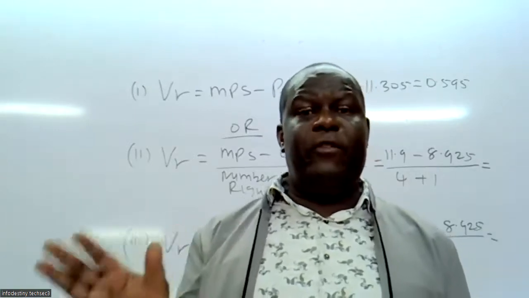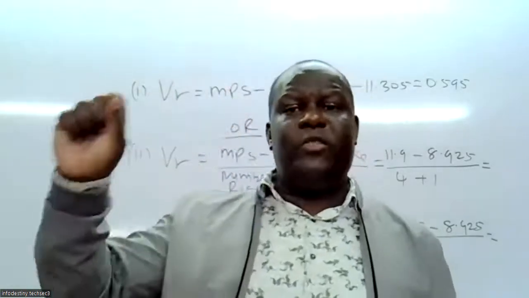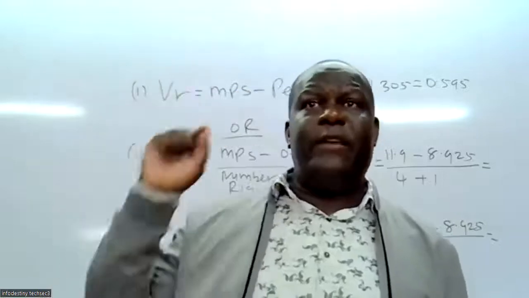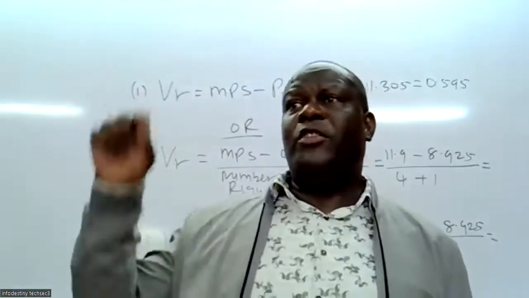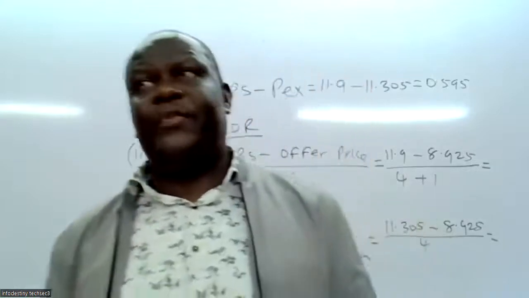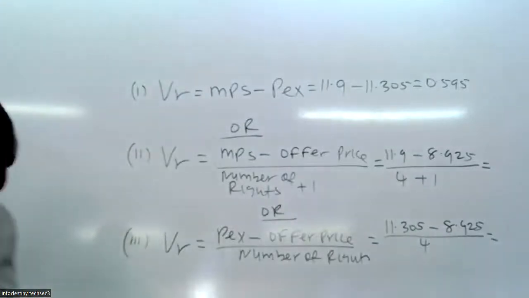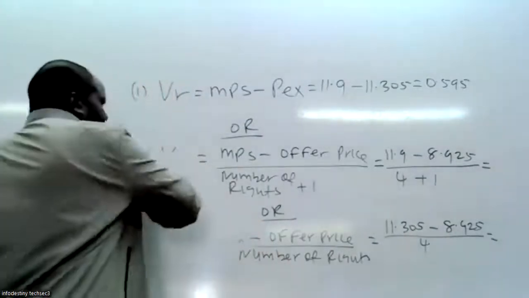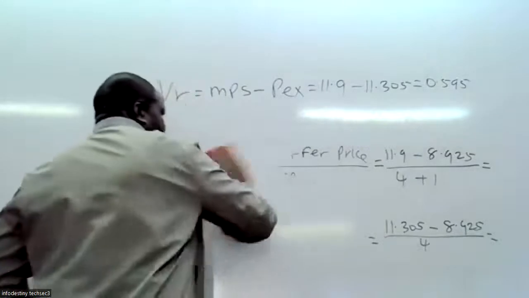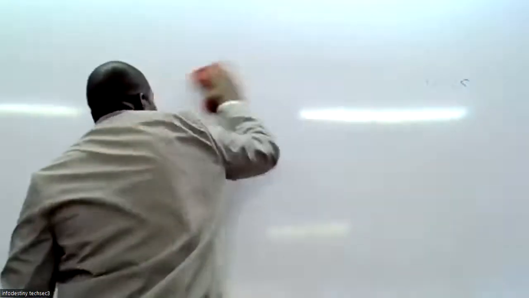But before we evaluate which one is the best, first we check the position of the investor before the right issue. Then we shall also check his position after the right issue. So what we need to do some more is simply to get the total number of the shares of the company after the right issue.